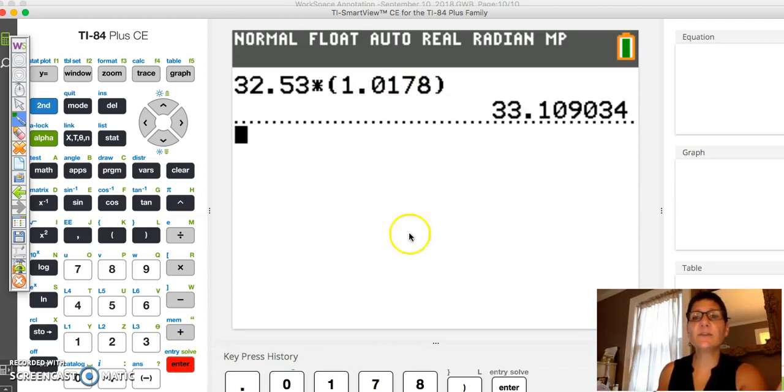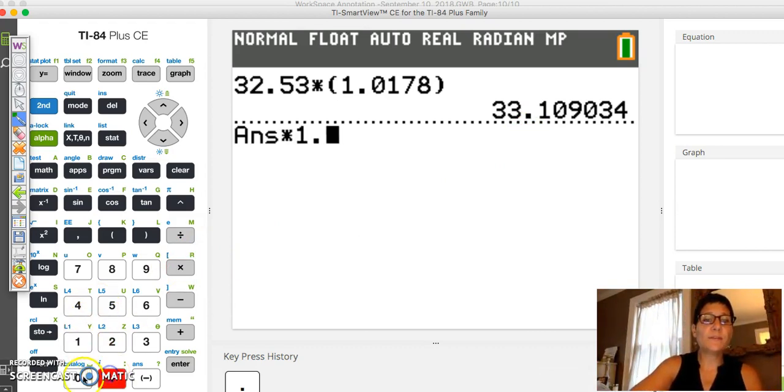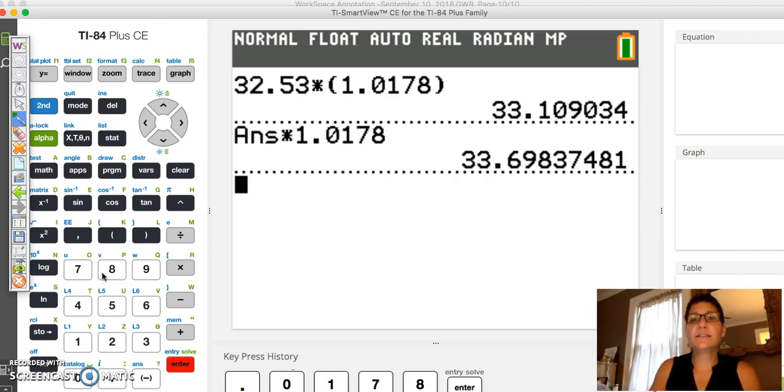And if I press enter, that means population in 2007, because in 2006 it was 32.53. So now in 2007, it's going to be 33 point yada, yada, yada. Now if I hit times 1.0178 again, it's telling me that in 2008, my new population is going to be 33.69 whatever.